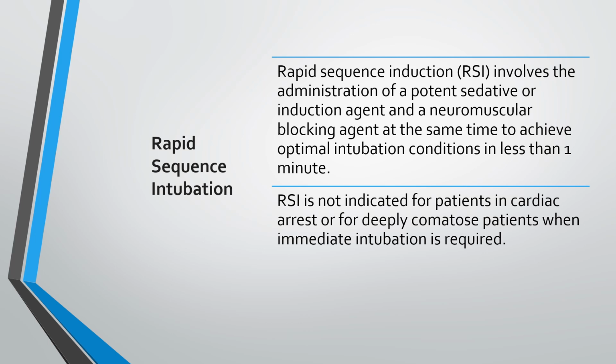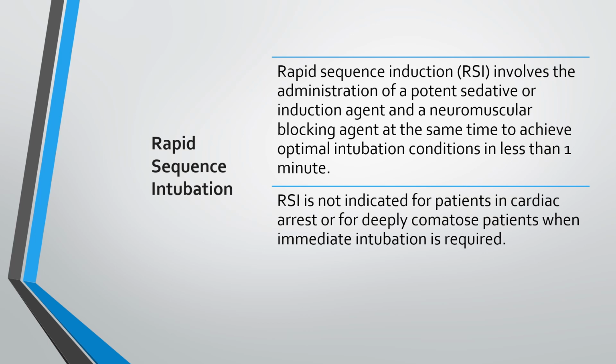RSI involves the administration of a potent sedative as well as a paralytic, and the paralytic is a key difference between the two of them. RSI has paralytics involved, whereas DAI is just, as far as we're going to be concerned, the sedation for the induction agent.